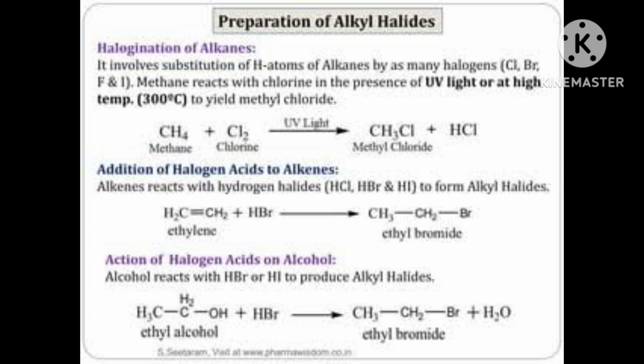In the other product, chlorine is attached to the second carbon, which is attached to two neighboring carbons, one on the left and one on the right, so it is secondary. This reaction gives a mixture of primary butyl chloride and secondary butyl chloride.